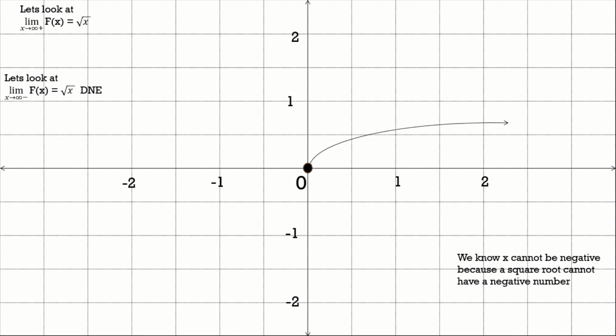So I hope by now you get the basic idea of what a limit is and what continuity is. If we have an interval between 1 and 2, we're going to say that this function is continuous within that interval, because this function has no asymptotes in it. There is no point within the interval 1, 2 where this function is undefined.